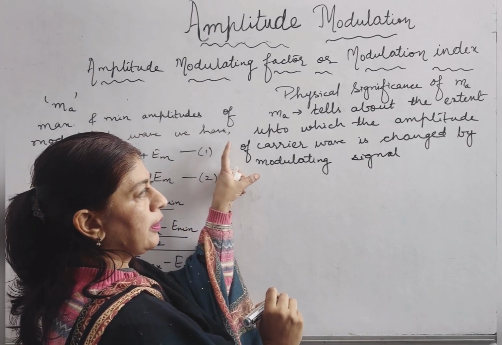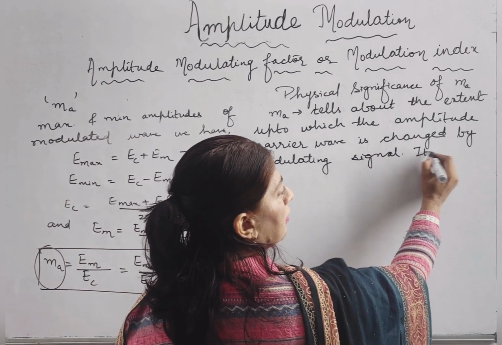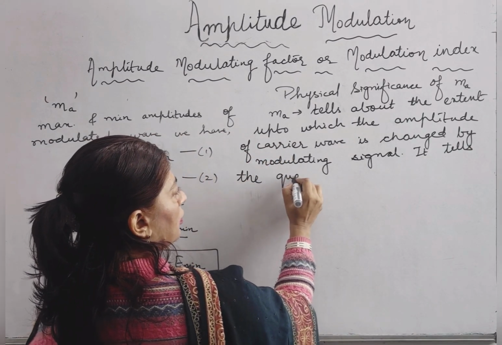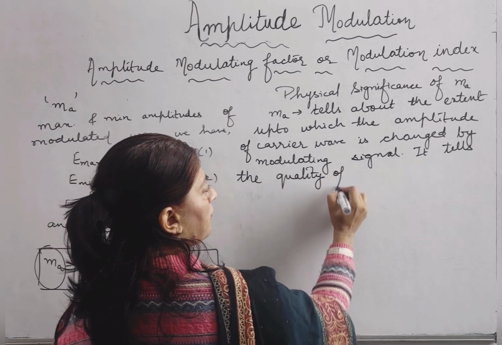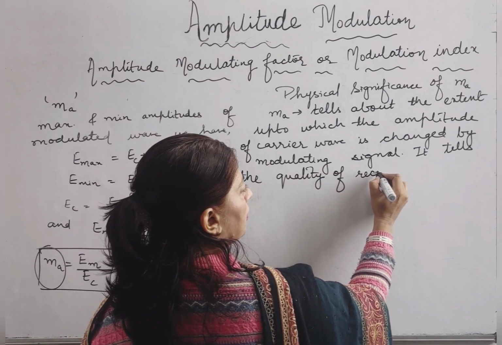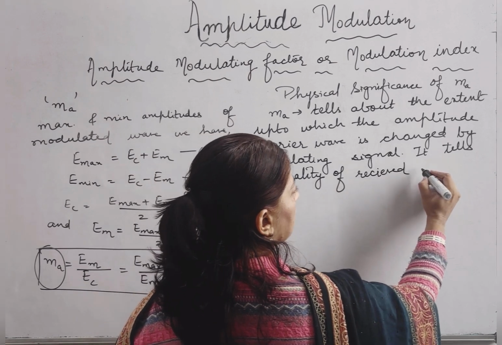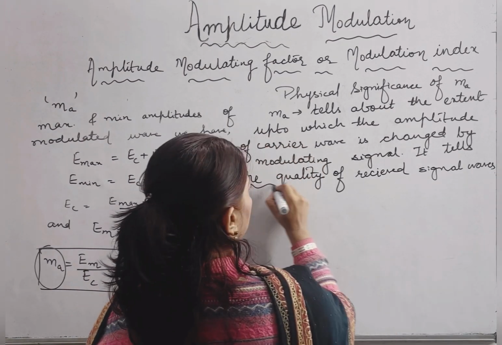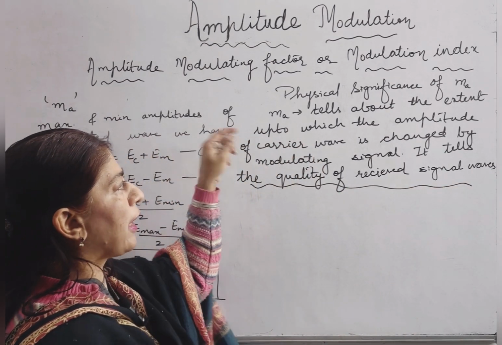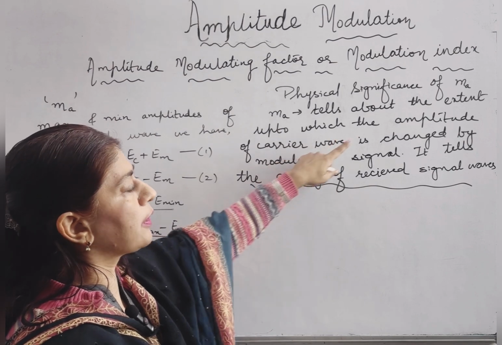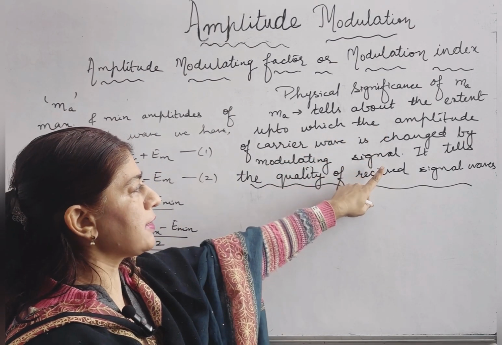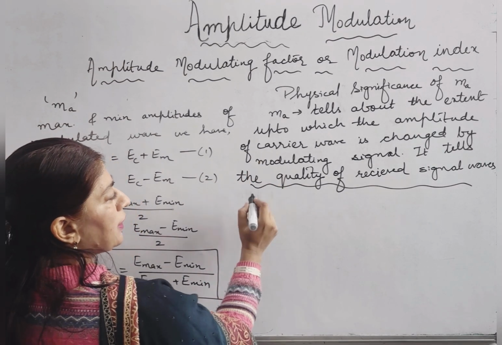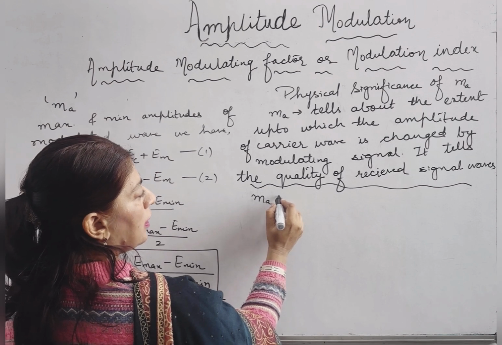What does it mean? It tells the quality of the received signal waves, because the more efficient the change of the carrier wave with respect to the amplitude of the modulating signal, the better the quality will be. Now, usually this MA is less than 1.